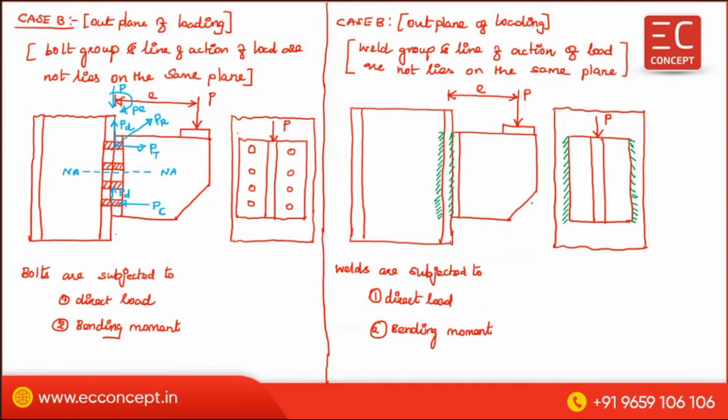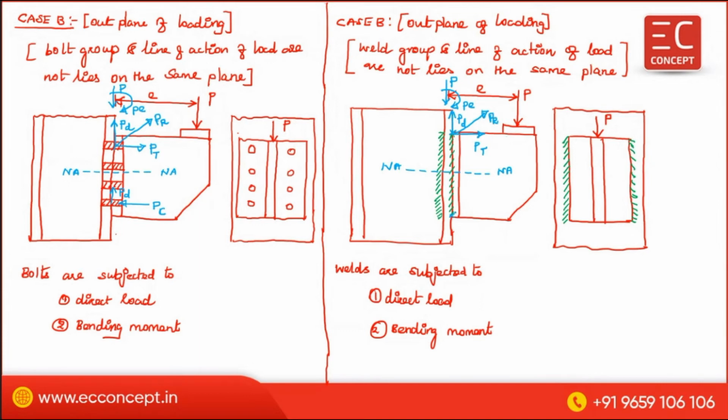In the similar manner, here also, we can analyze this into direct load about the centroid as well as bending moment P into E. And here also there was a neutral axis. This is the neutral axis. Above the neutral axis, it is subjected to direct load PD, and this point is subjected to tension force due to bending moment, and this is the PR due to these two.